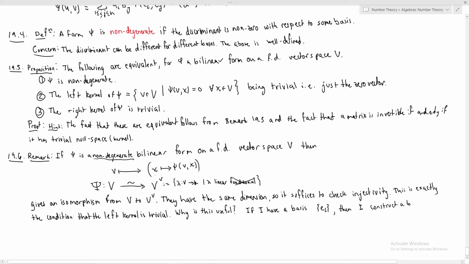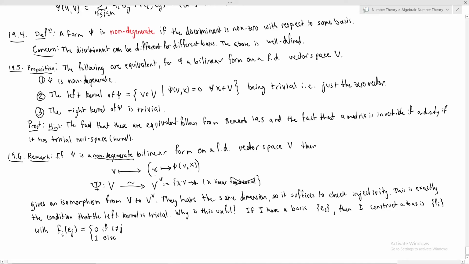So this is how you actually prove this fact I referenced earlier, that these spaces have the same dimension. A basis f_i with f_i of e_j being 0 if i and j don't match, and 1 otherwise.